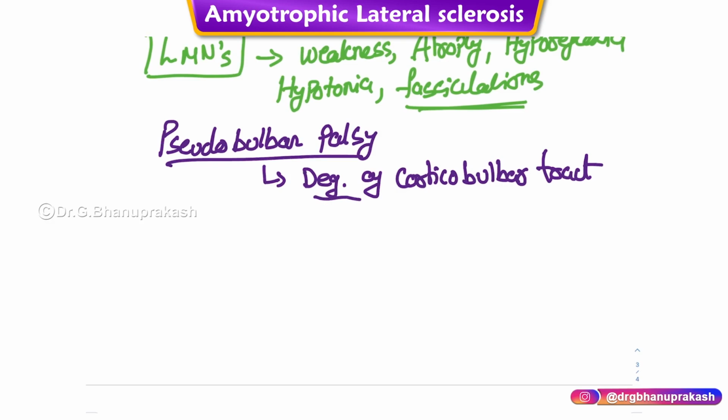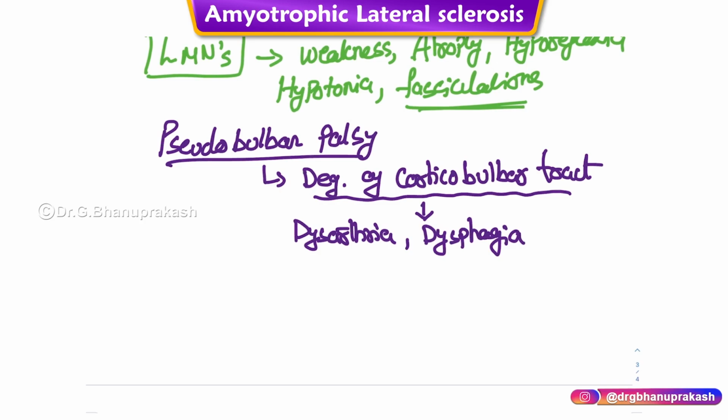Because of this, there will be dysarthria, dysphagia, and pseudobulbar affect, which is also called PBA. Remember that patients are progressively more difficult to understand and eventually are unable to swallow food without risk of aspiration.